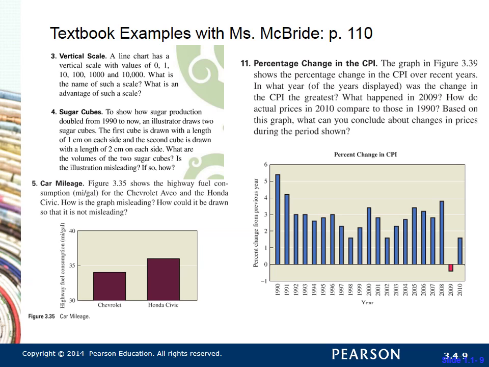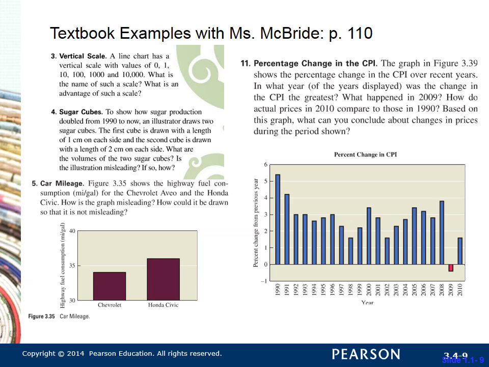Number 11, this is the one I was talking about with the percentage change. Here, this graph is the percentage change in CPI. Remember that's your consumer price index we talked about back in chapter 2 over recent years. In what years of those displayed, so they've displayed from 1990 up to 2010, was the change in the CPI the greatest? So I want the biggest change, and remember each bar represents change, so I'm just going to pull out 1990.